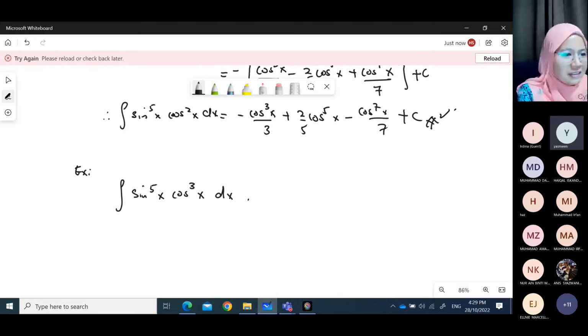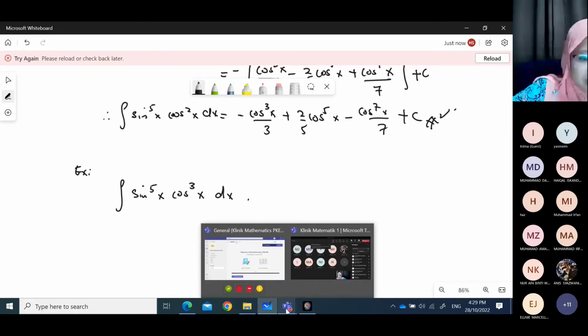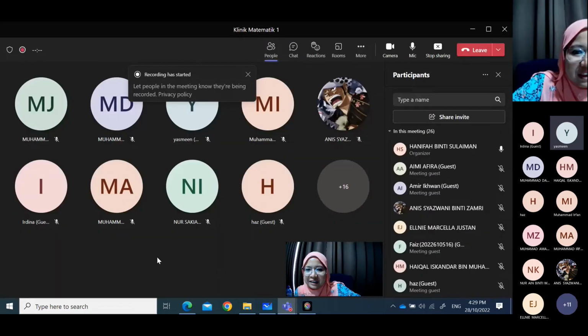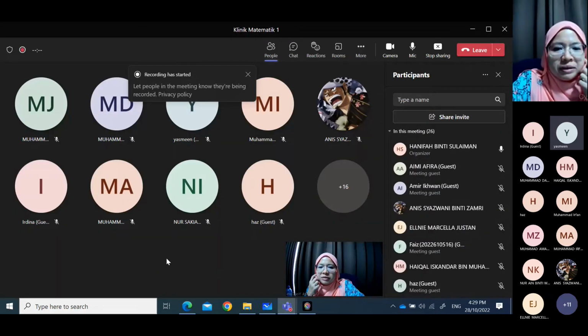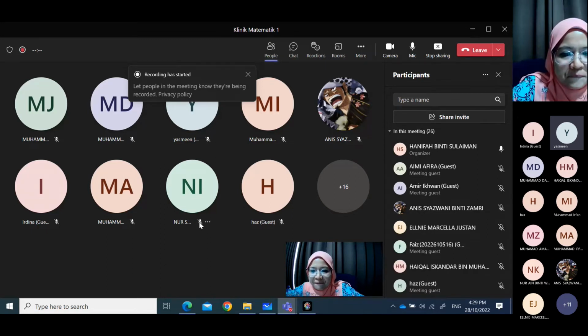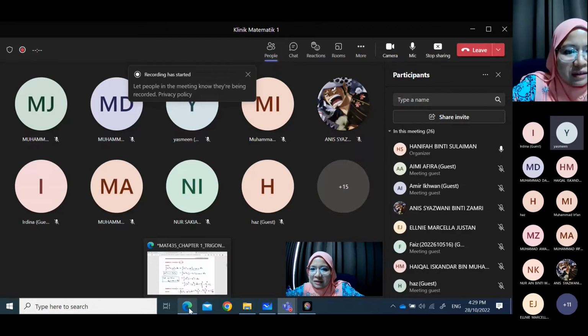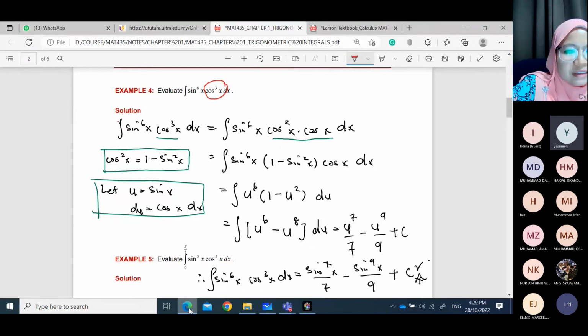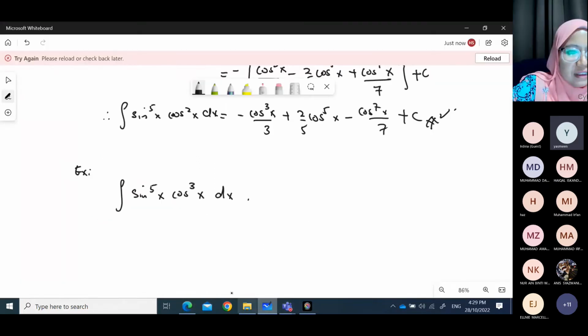Kelas, boleh jawab? Panggil nama lah. So kalau kedua-duanya odd, macam mana? Any idea? What about if both are odd? Odd powers. Which one we need to factorize? Sine or cosine? Anyone yang nak jawab?